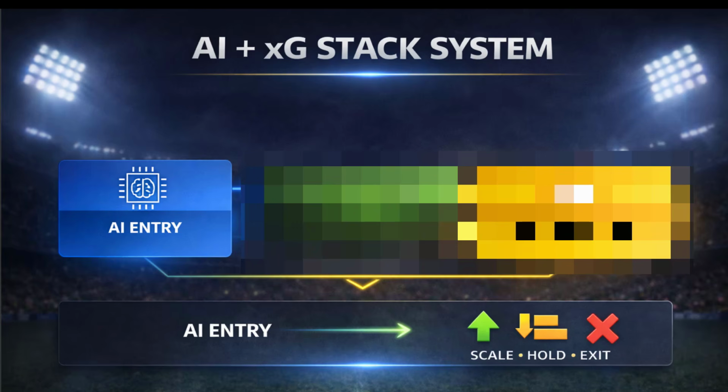So you've got to be very careful with that. You're going to have to feed it a lot of information. But no matter what, eventually you're going to have some sort of entry plan for the match that you are about to trade. And the way forward is AI is going to give you that entry strategy into the market.